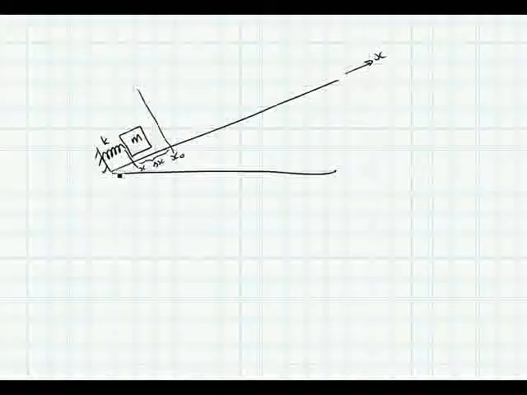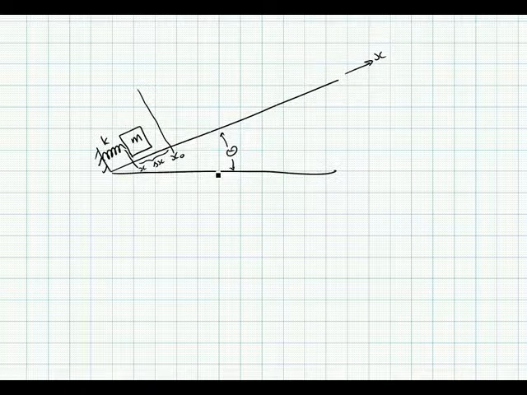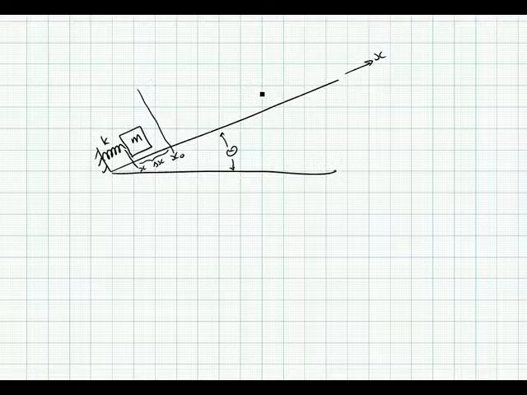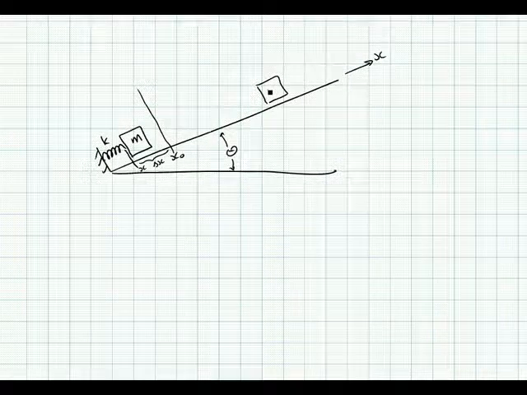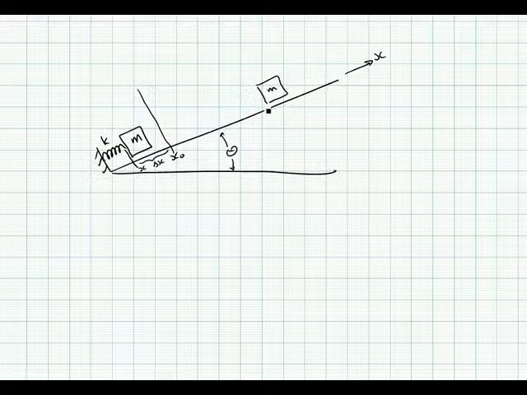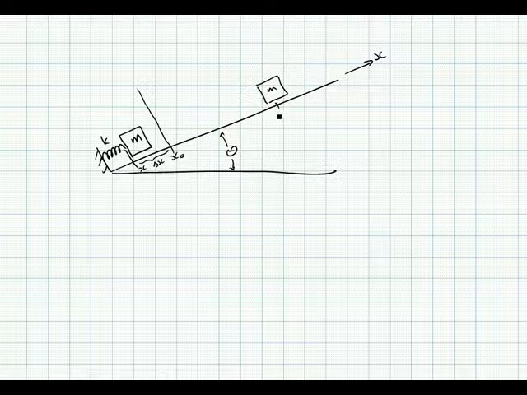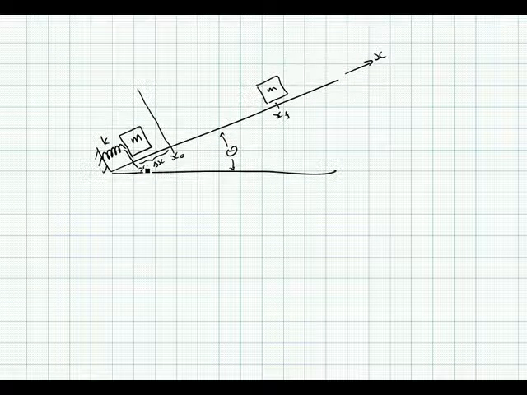And the slope is angle theta. When we let go, how far up the slope does the object reach? So we're interested in figuring out this final position, x final, let's say. Okay, so that's x initial.